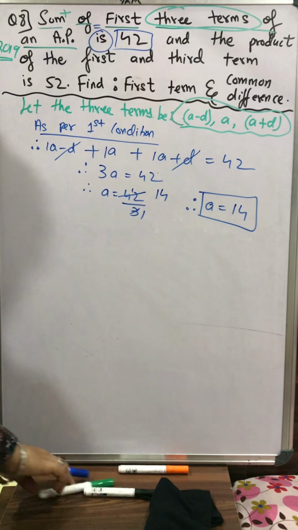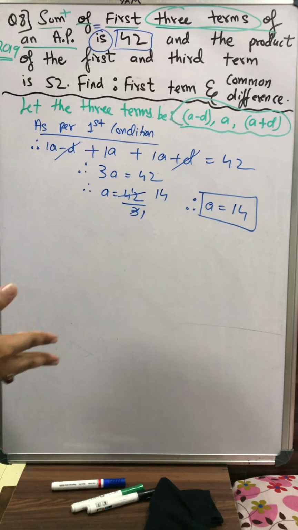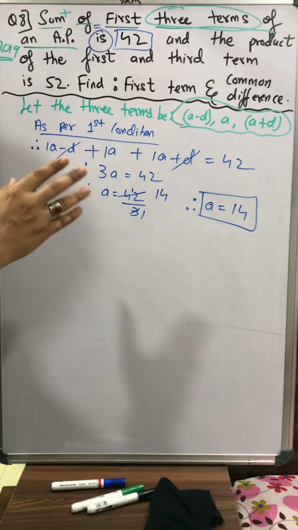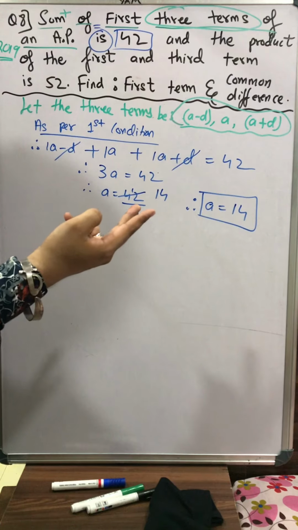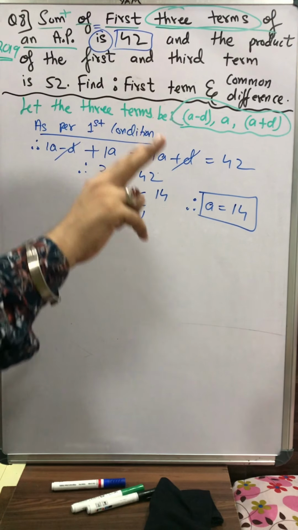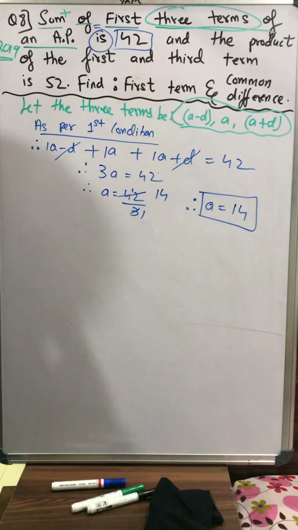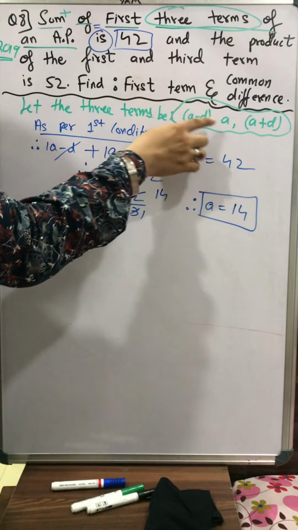Amazing. Students, since we started our online sessions, I'm telling you one thing. It's a universal law in maths that whenever we have two unknowns, we require two conditions to form two equations. Here, how many unknowns do we have? Don't say three unknowns. Three are the terms. We have only two unknowns, one is a and the other is d.